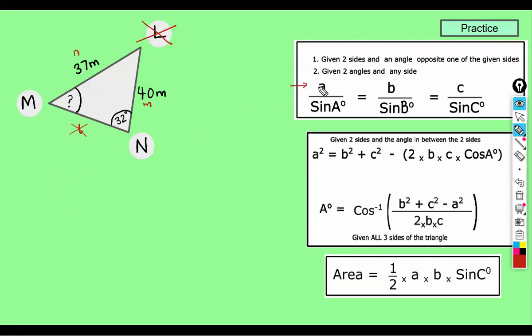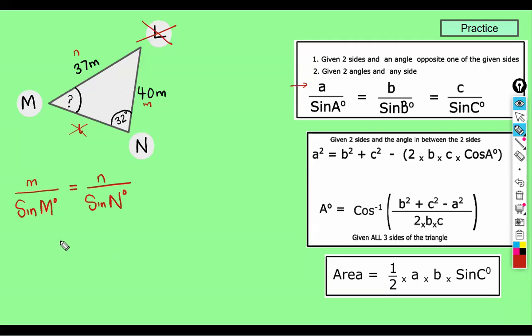Remember, according to the formula, the common letters go on top and sine of the capital version goes underneath. So it's M on sine capital M is equal to N divided by sine capital N. Common letters represent sides, capital letters represent angles.